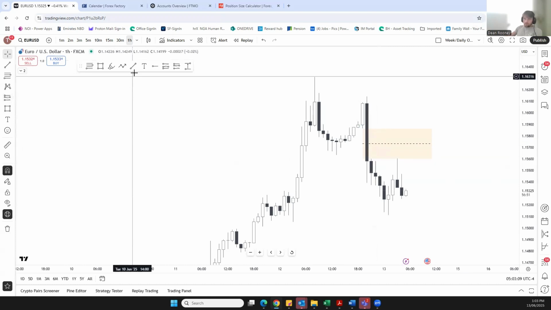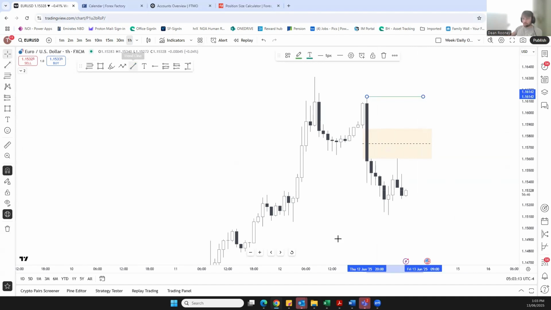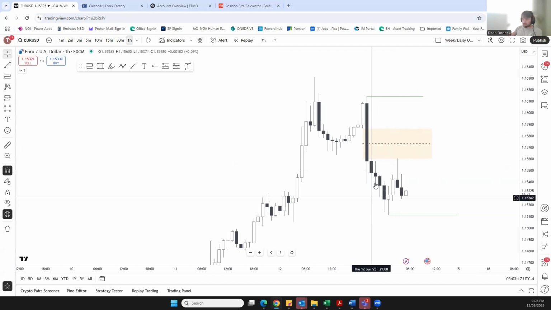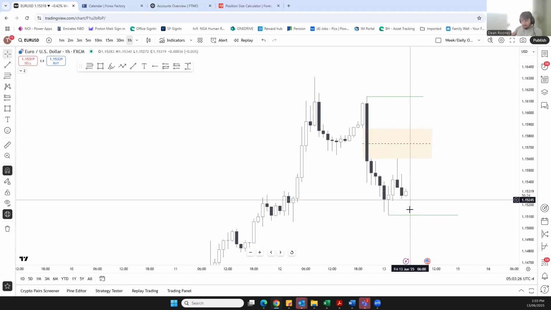From here to here is your dealing range. This little run up into here is seeking internal liquidity, and now the algorithm will seek external liquidity to the bottom of here.